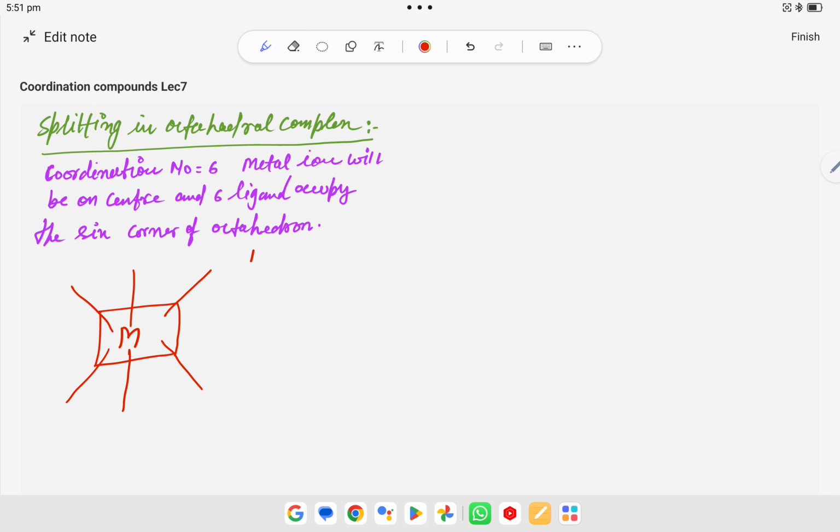Which type of complex is it? ML6. So the d orbitals we know. How many d orbitals are we having? That also we have to check. 1, 2, 3, 4 and 5.